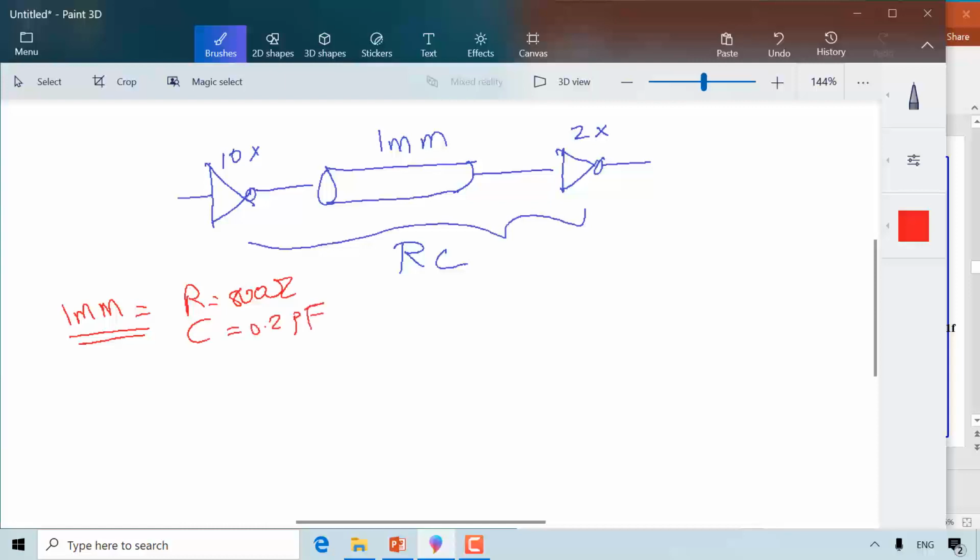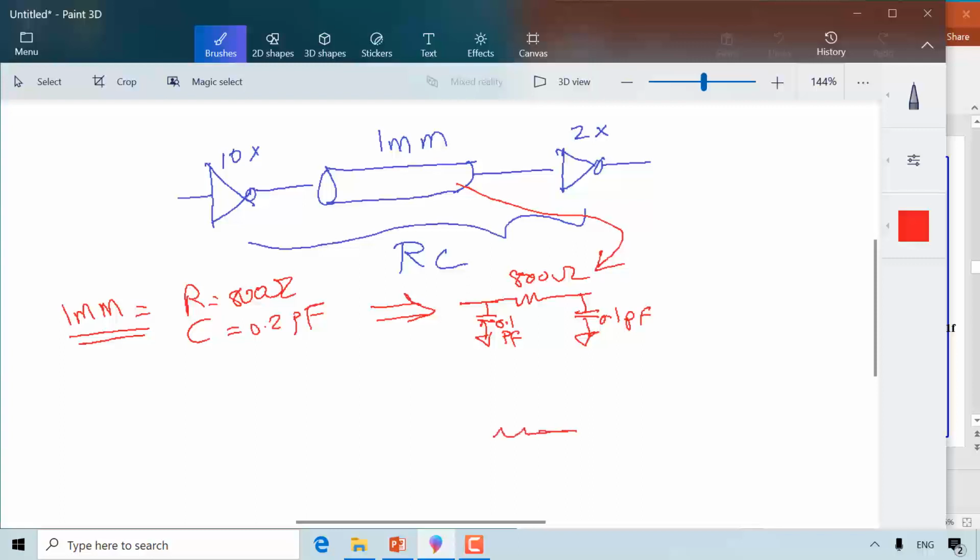Since I would like to use a pi model, where I have half of the capacitance on each side of the resistance, I'm going to have 0.1 picofarad, 0.1 picofarad, and 800 ohms in between. This is how I'm going to model this wire.